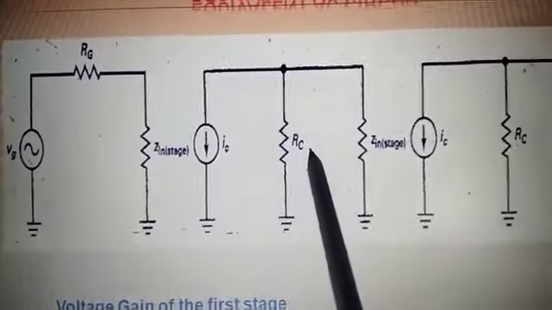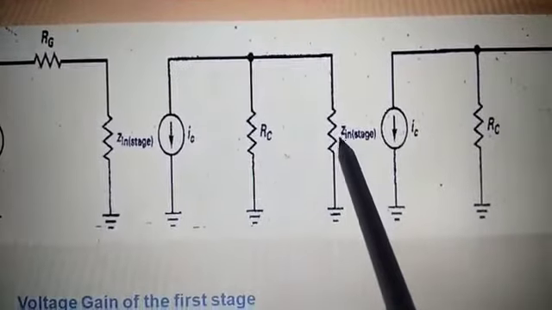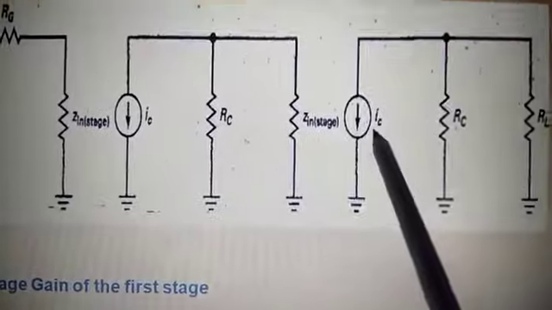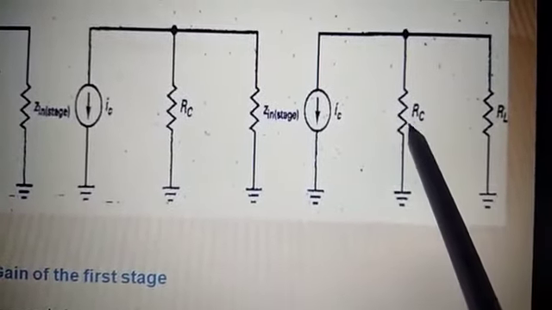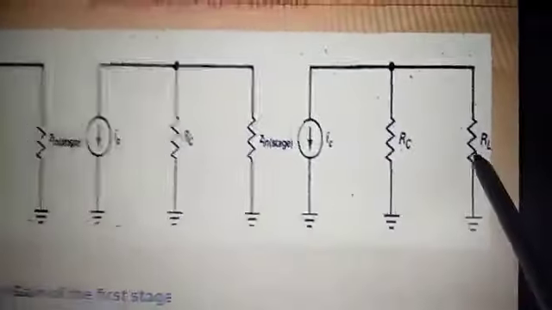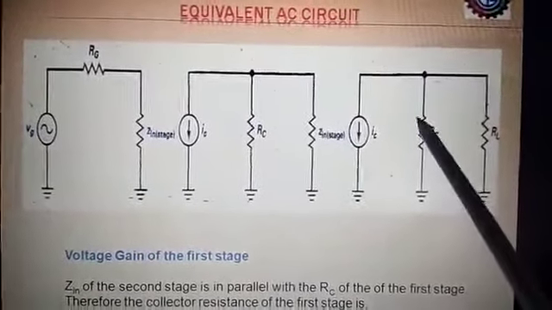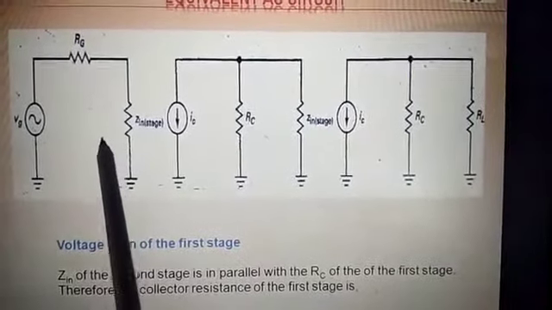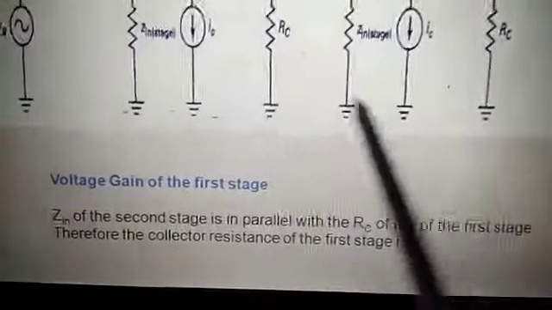This is the collector resistance of the first stage, and this is the equivalent input impedance of the second stage. This is the collector current of the second transistor. This is the collector resistance of the second transistor, and finally this is the load resistance connected. So this shows a very simple equivalent AC circuit after grounding the DC. Here the equivalent parameters are shown connected in the two stages.